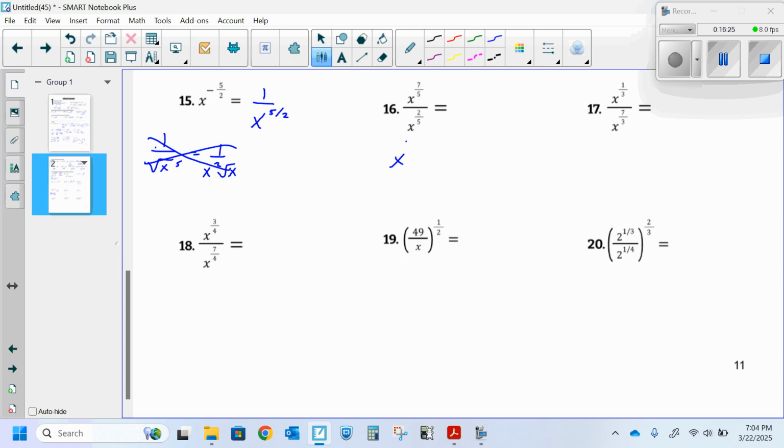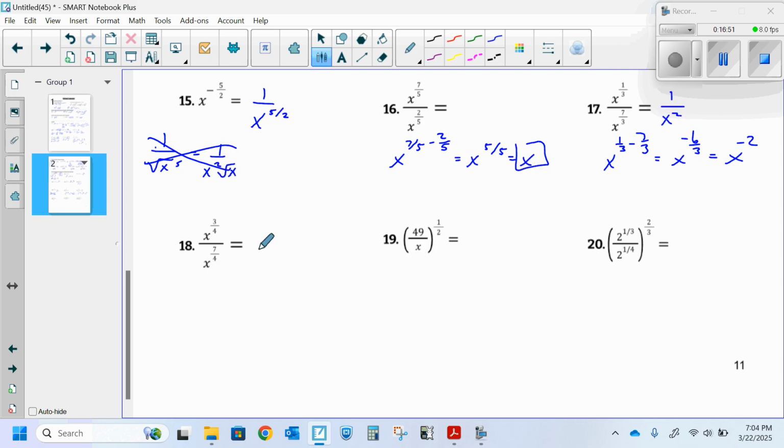All right, so x to the 7/5, subtract those guys. X to the 5/5, which is x to the first. Subtract. X to the negative 6 over 3, which is x to the negative 2. You cannot leave it like that. That's 1 over x squared.